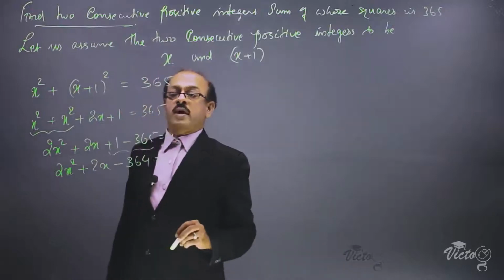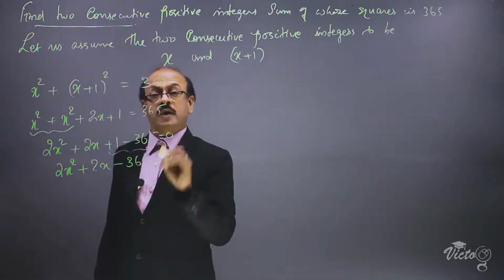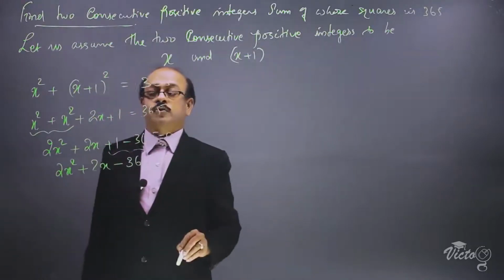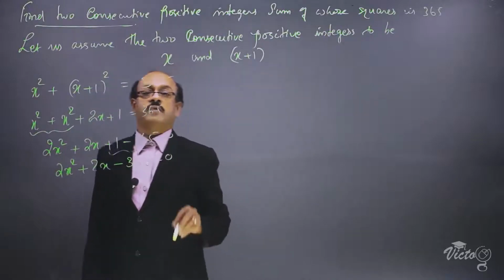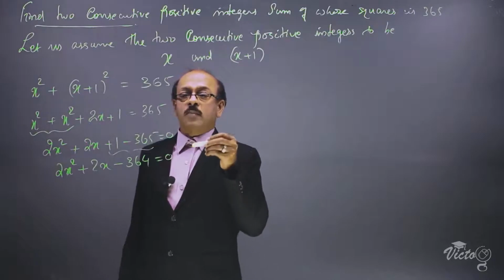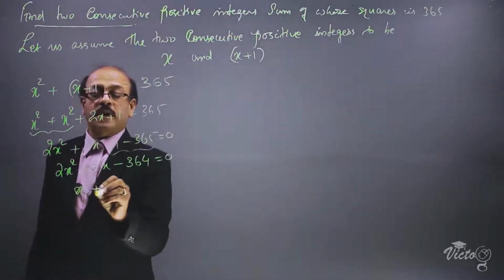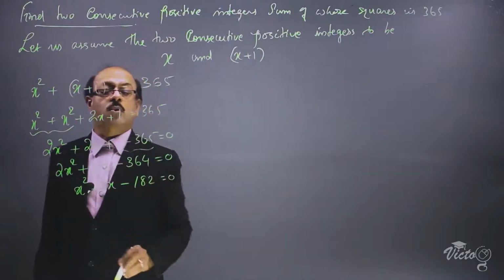The rule is we are subtracting 1 from 365 and giving the sign of the larger number. Now we can divide throughout by 2, and the equation will be simpler: x square plus x minus 182 is equal to 0.